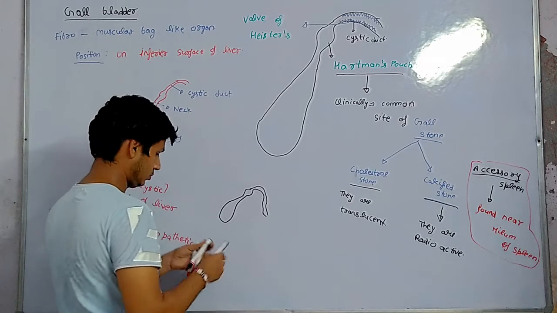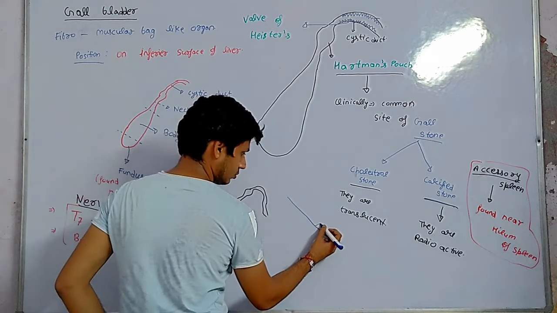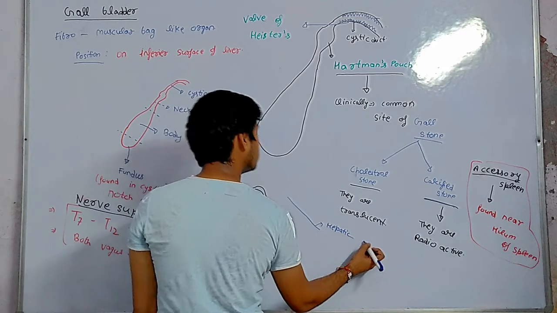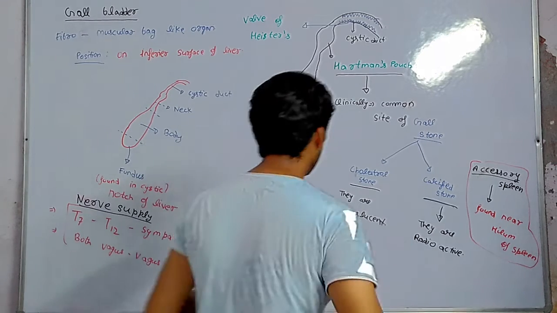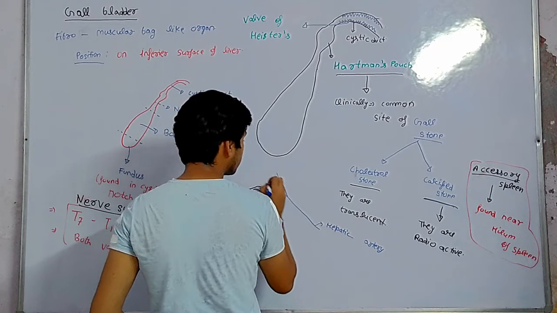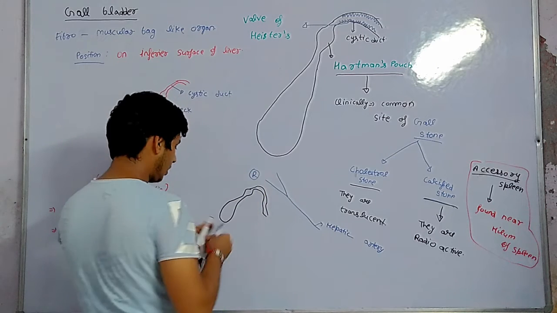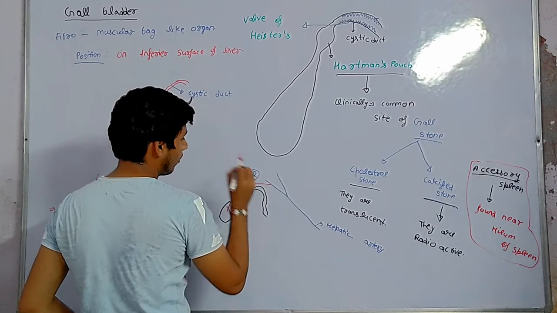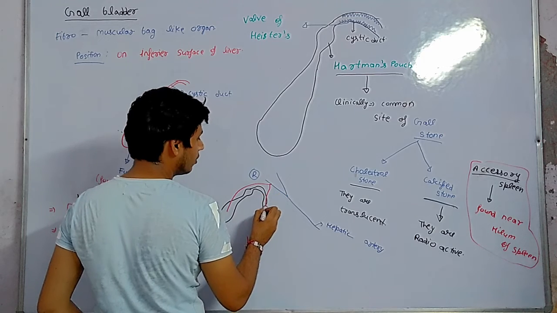We know the hepatic artery proper comes, which is a branch of the common hepatic artery, which is a branch of the celiac trunk. This divides into right and left hepatic arteries. The right branch gives an artery which supplies the gallbladder, and it also gives an artery to the cystic duct.